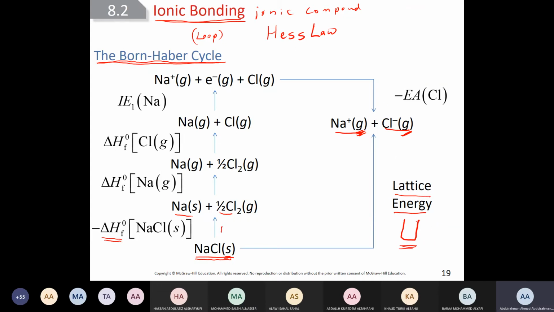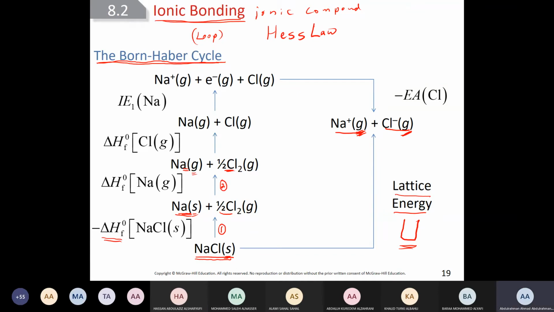Next, I finished with reaction 1. Let's go with reaction 2. What are we doing? We did not do anything to chlorine, right? All we did is take solid sodium into sodium gas. If you take solid into gas, what is this reaction called?